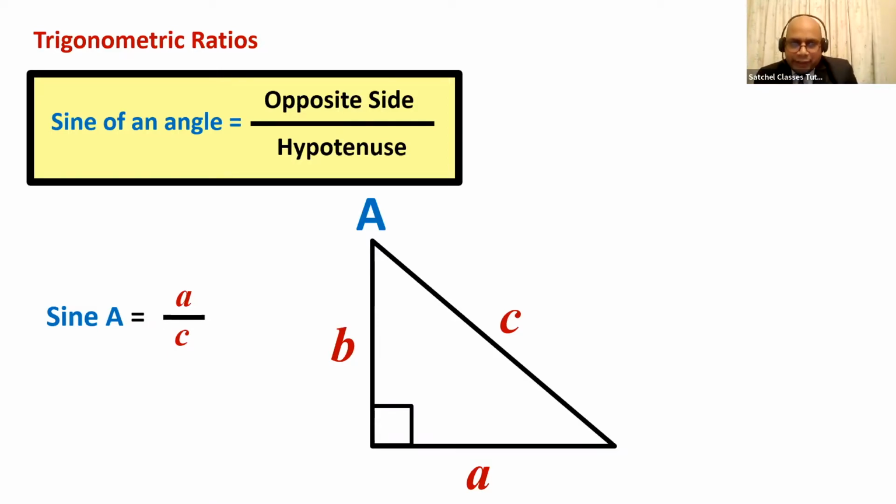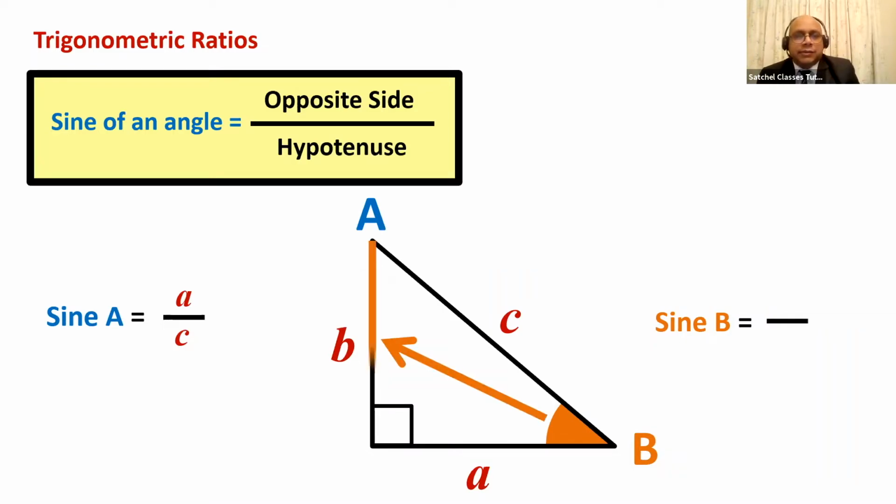Now, obviously, if we are referring to angle B, the sine would change because the point of reference has changed. So with respect to angle B, sine B would be given by opposite side again. Now, which is the side opposite to B? It is given by the small letter b. So that goes into the numerator.